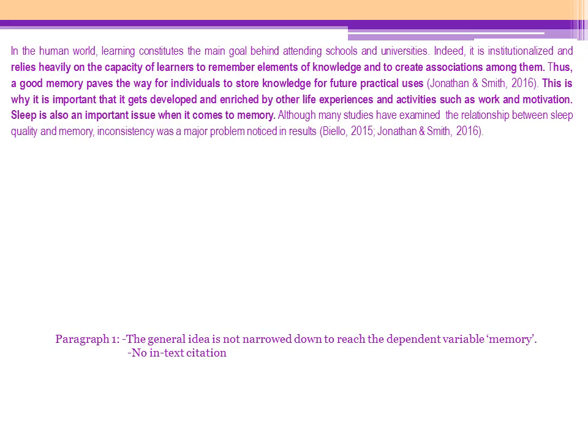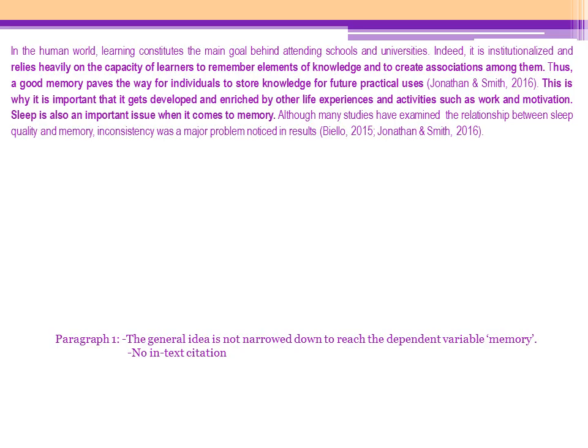In the human world, learning constitutes the main goal behind attending schools and universities. Indeed, it is institutionalized and relies heavily on the capacity of learners to remember elements of knowledge and to create association among them. The addition here relates to the variable memory.